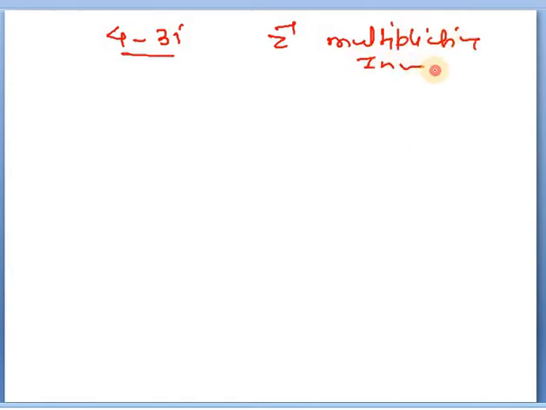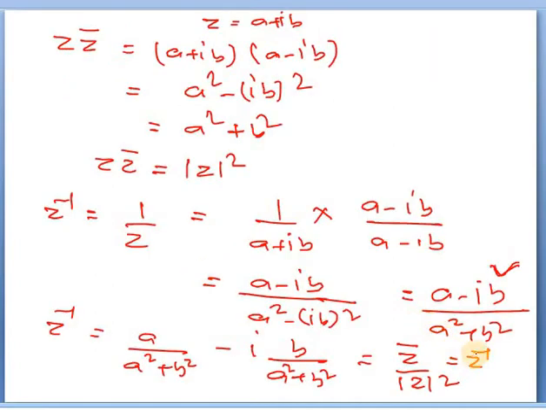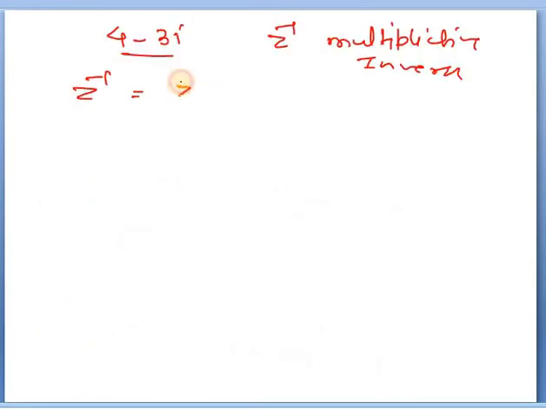Now moving to the next one. The question is: find the multiplicative inverse of 4 minus 3i. Find z inverse, the multiplicative inverse. We can do it directly using the previous slide: z inverse is equal to z bar upon mod of z square. If you want, you can perform it directly.